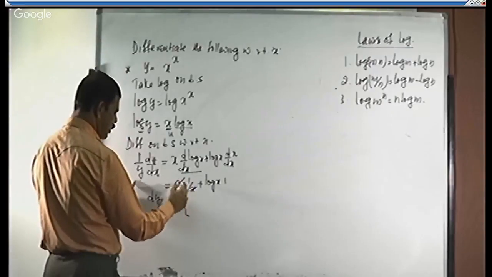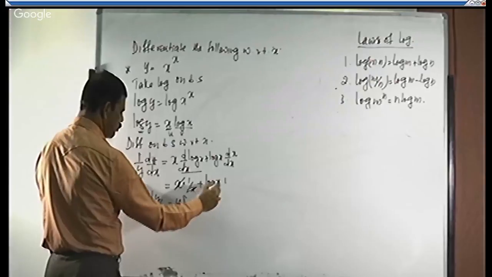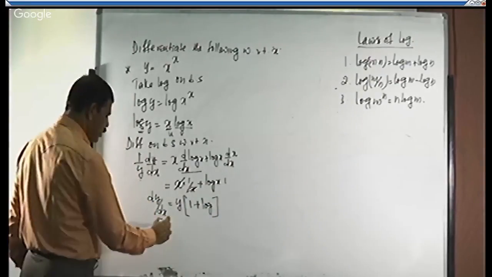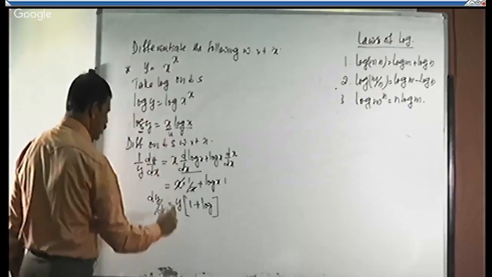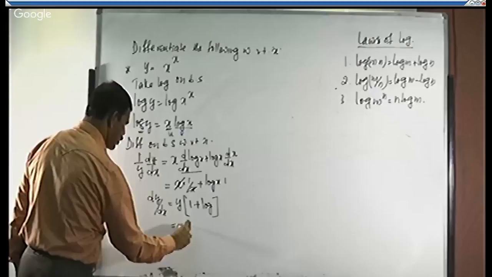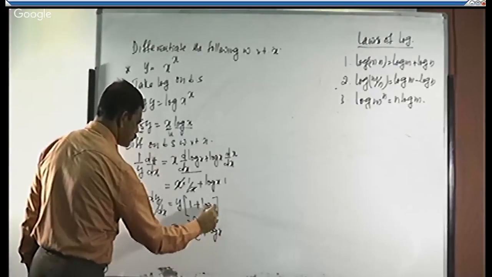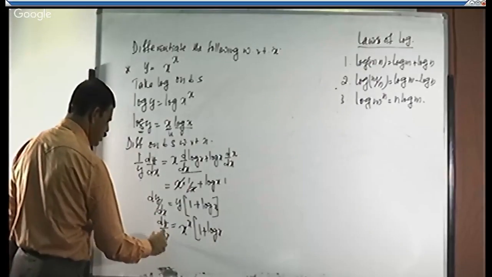What is remaining here? After cancelling x, you will have 1 plus 1 into log x is log x. This is the answer. If you want, you can write the y value. What is y value? It is x to the power of x. x to the power of x into 1 plus log x. That is dy by dx.